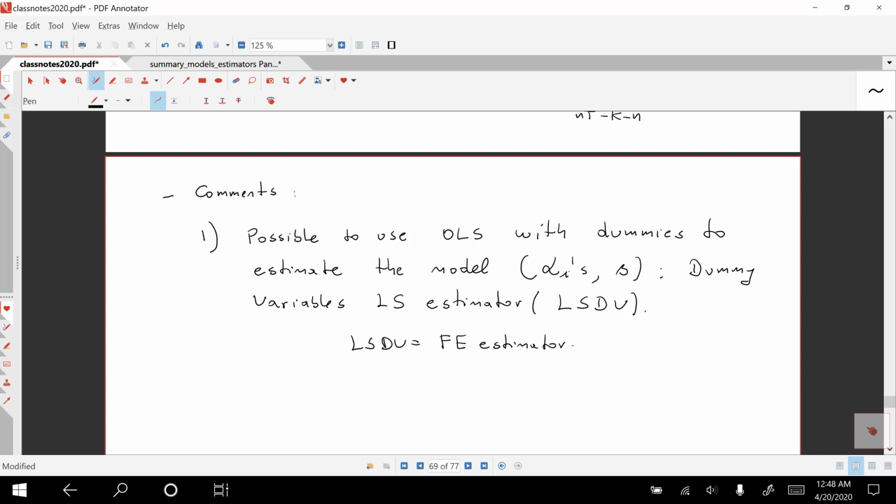Now the disadvantage of using this dummy variables estimator is, if you have a model with thousands of individuals, let's say 10,000 individuals, you are requiring the model to estimate 10,000 intercepts, which in some cases might cause some complications.